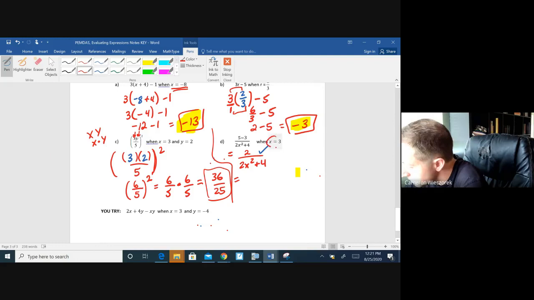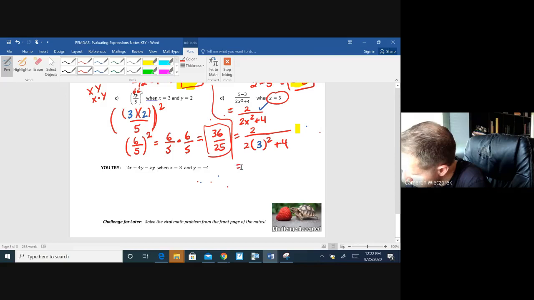In for x, I'm substituting in 3. So I get 2 over 2 times, in parentheses, making my substitution, 3 squared, and then plus 4. So this would turn into 2 on top gets carried down. Okay.